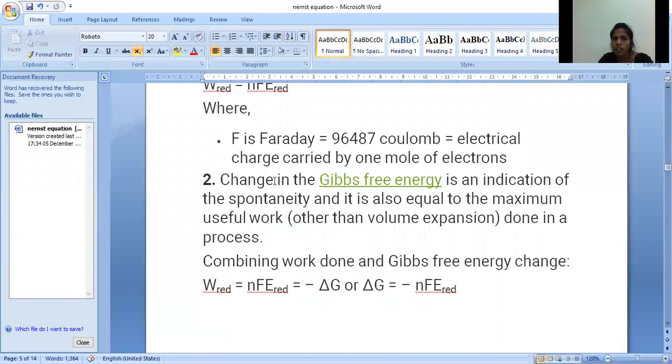But we know the change in the Gibbs free energy equals the maximum work done, and it is a spontaneous process, so W_red is minus delta G. So minus delta G equals nFE, so we can write delta G equals minus nFE_red. This is the change in the Gibbs free energy. So you remember this.